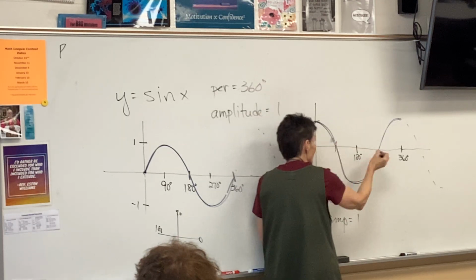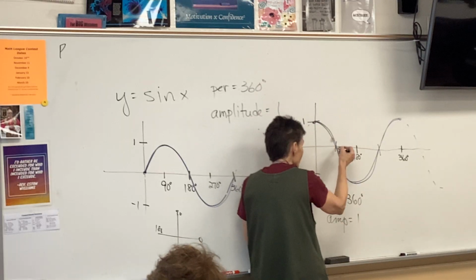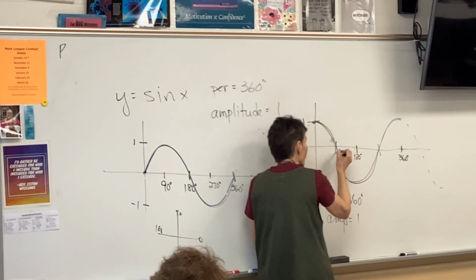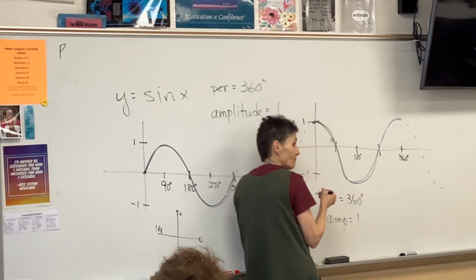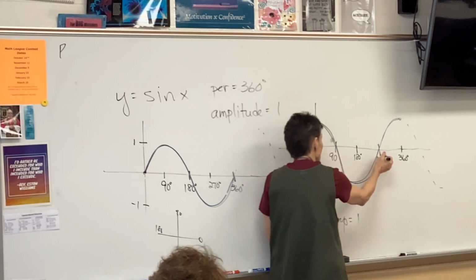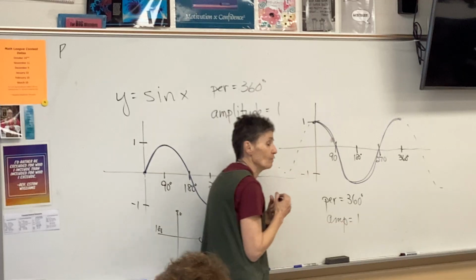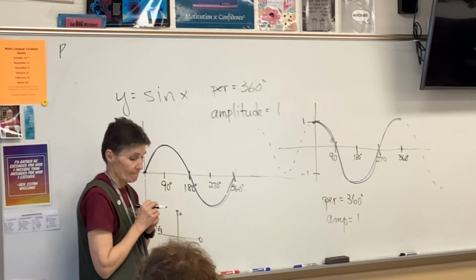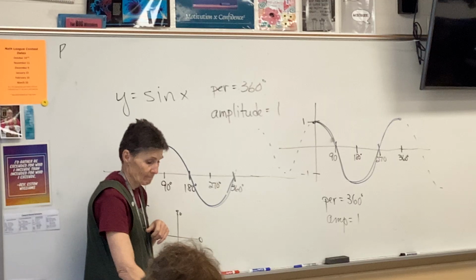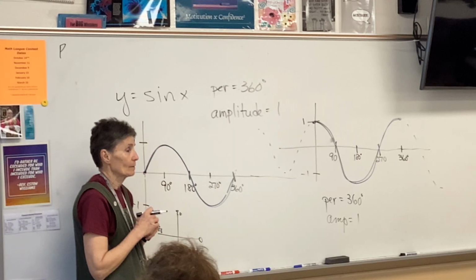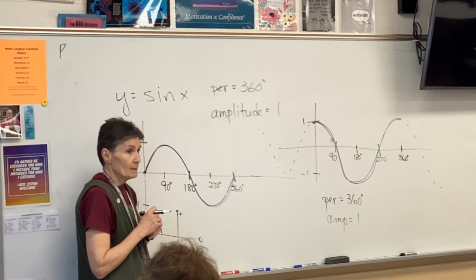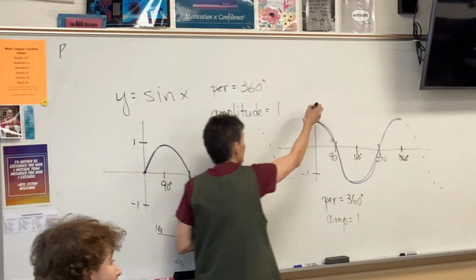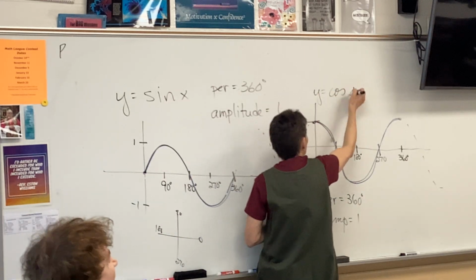Then these two, where the hill ends and the valley starts, or vice versa, what would these two labels be? 90 and 270. That's exactly right. These are your standard, regular old sine and cosine.